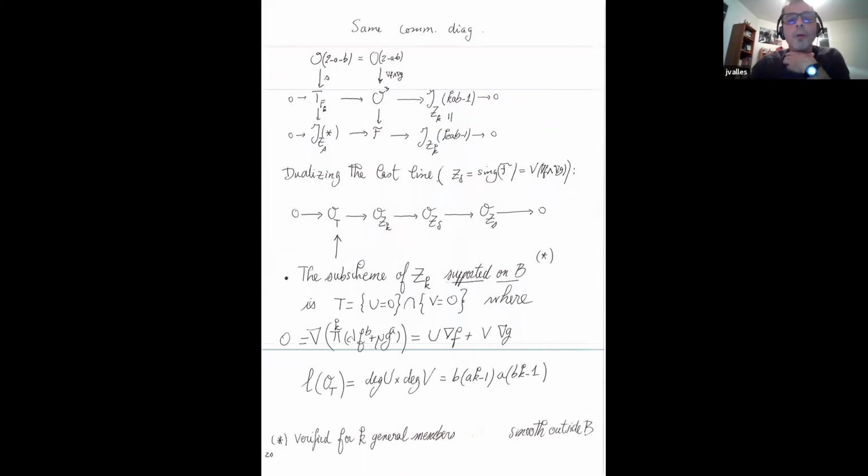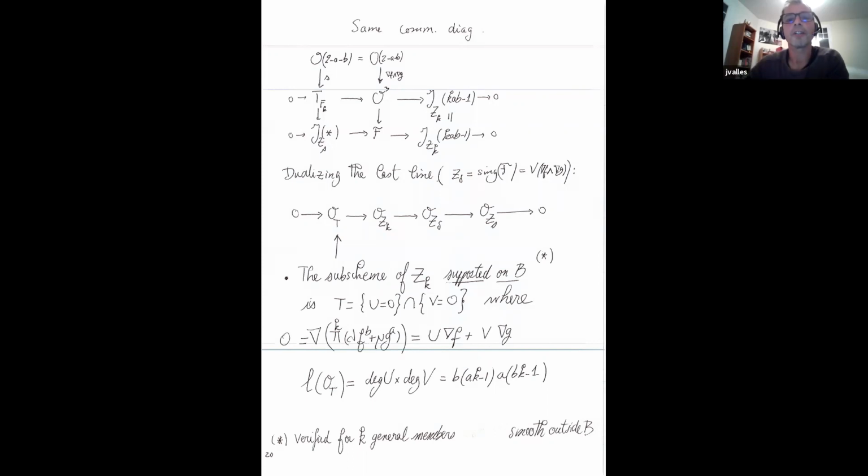Here there is probably some mistake, it's not O zeta K. So we have O T, this one is okay, but the second one is not O zeta K. I mean, to have the structure sheaf, certainly some hypothesis on the local complete intersection of zeta K is necessary.